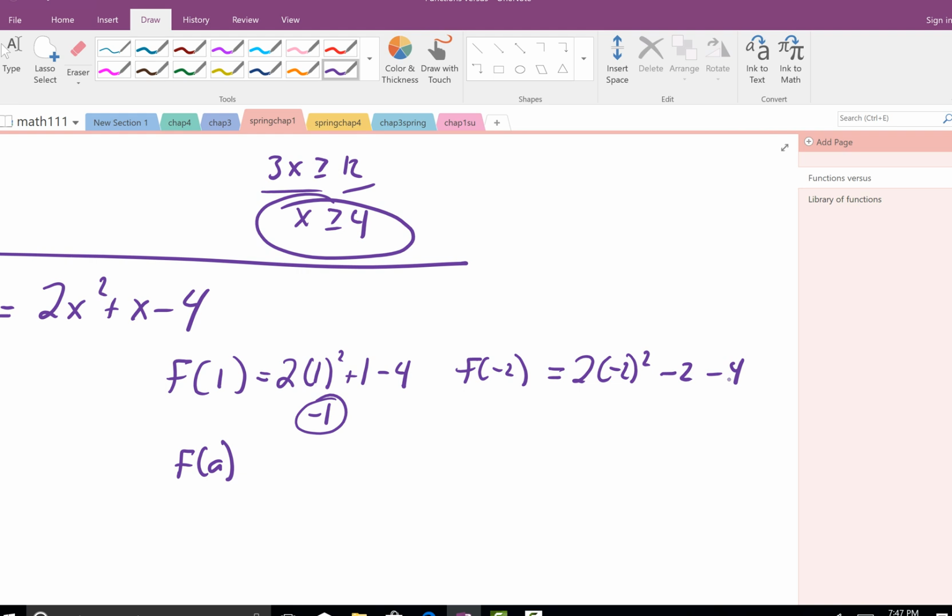It does the order of operations, which means it's going to square first. So it might take that 2, square it, and then make the answer negative, which is not what the problem's saying. The problem's saying we want to take negative 2, square that, and then work it out.